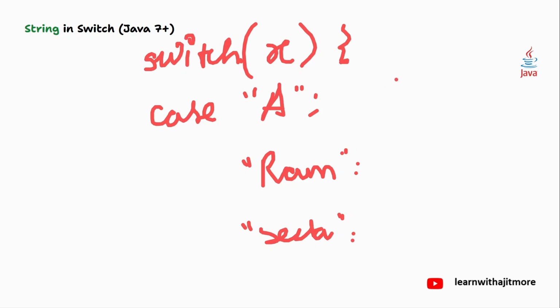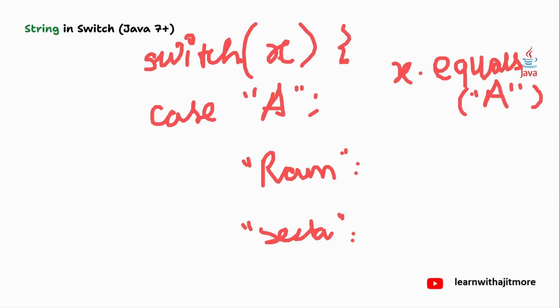Internally, what Java will do is call X dot equals, and then it will pass this value to it, double quote A. Getting it? So equals is a method of which class? String class.